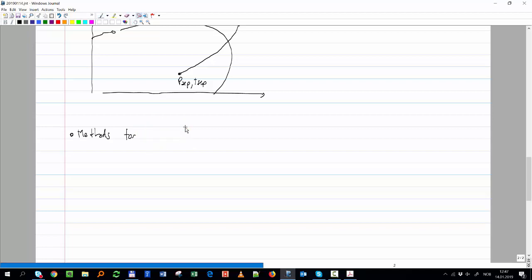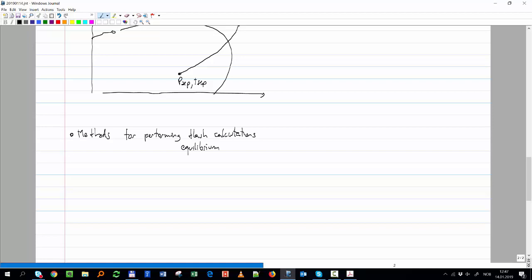What we are going to do actually is performing flash calculations. Basically, flash calculation, or also we call it equilibrium calculations.